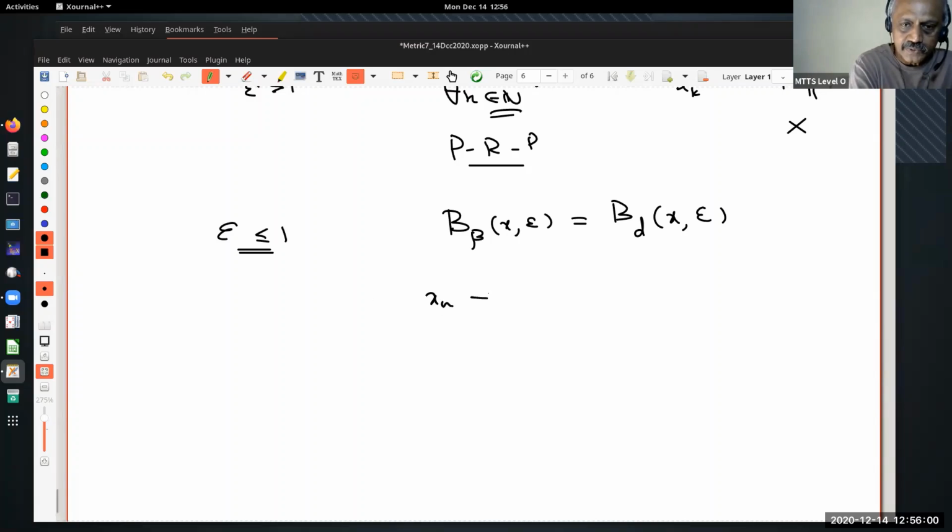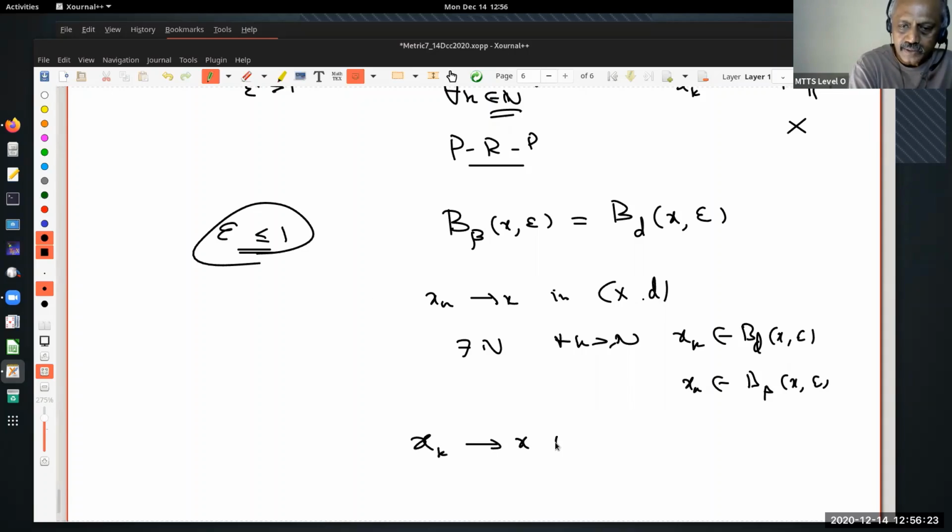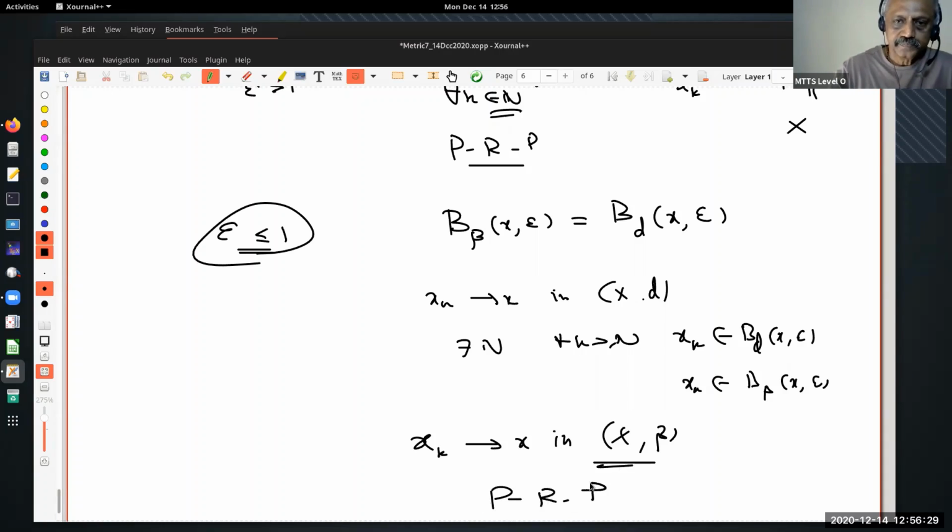Since x_n converges to x in X_d, for this epsilon there is a natural number n so that for every k greater than or equal to n, x_k lies in B_d(x, epsilon). But that means x_k lies in B_beta(x, epsilon) because epsilon is less than or equal to 1. That means x_k converges to x in X_beta now. Okay, pause, review, proceed.